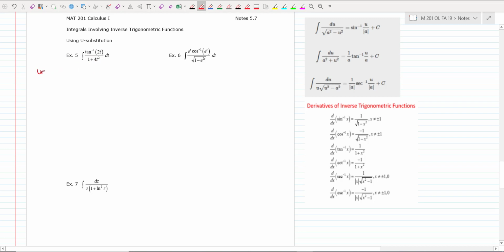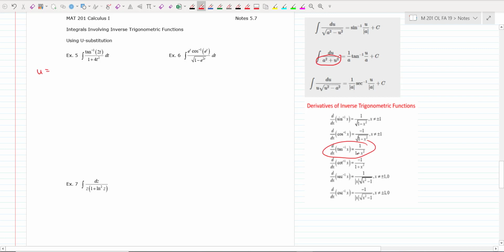And the thing you always got to do is figure out, what do we want U to be equal to? Well, I'll tell you the clue on this problem. I see this 1 plus 4t squared, it makes me think a lot of this. Now that's in the denominator, so the other thing that I think of is, well, the derivative of an inverse tangent is just 1 over 1 plus x squared.